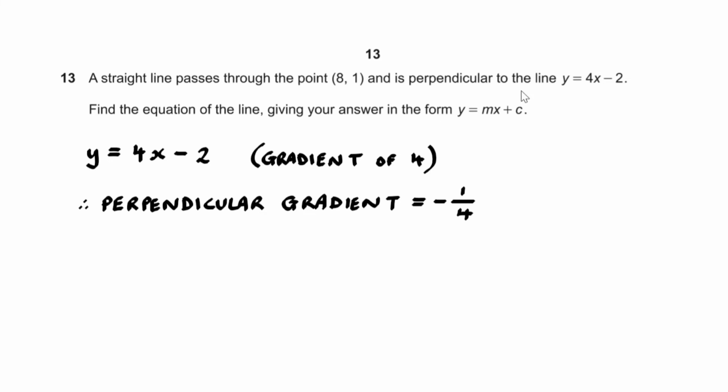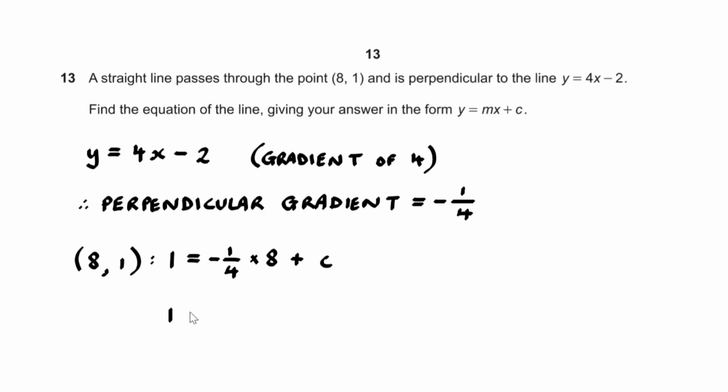Now if I substitute this point into y equals mx plus c with this gradient, we can find the value of c. So if we consider the point (8, 1), we've got our value of y, which is 1, that's equal to m, which is minus 1/4, times by x, which is 8, plus c.